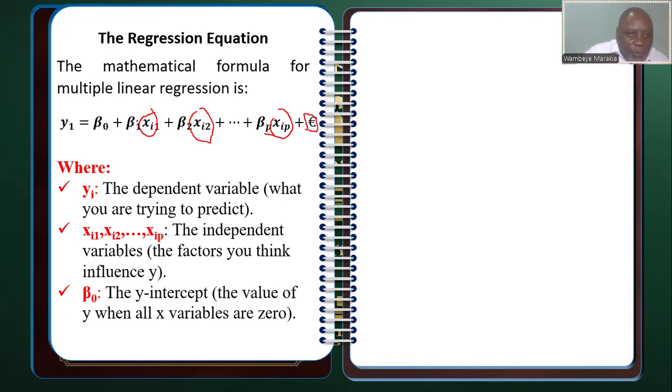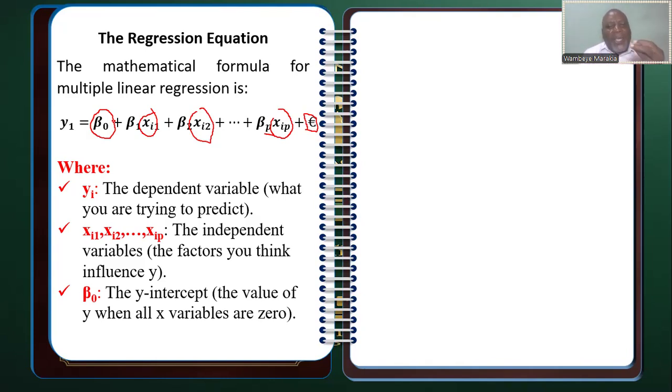And this first one, beta 0, is the y-intercept, the value of y when all the independent variables are equal to 0.